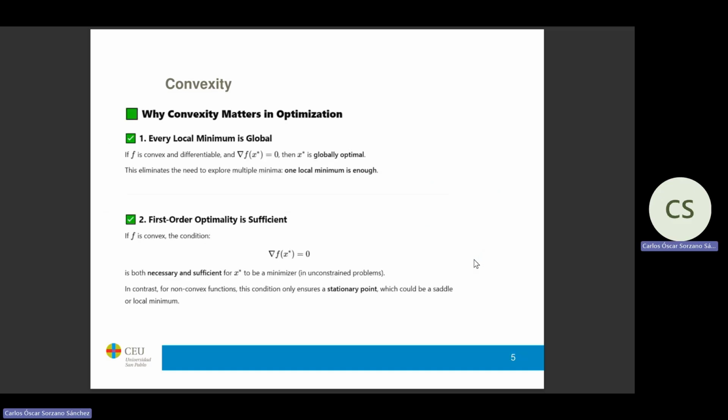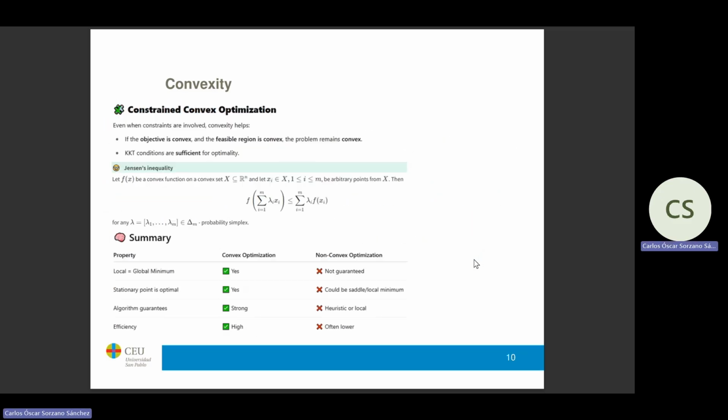This is what we have here, but for any m points, so we have generalized from 2 to m. So if you make a linear combination of points, then the function evaluated there is always smaller or equal to the same linear combination of the images.